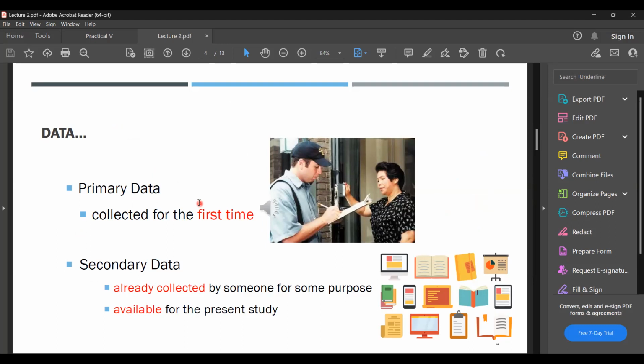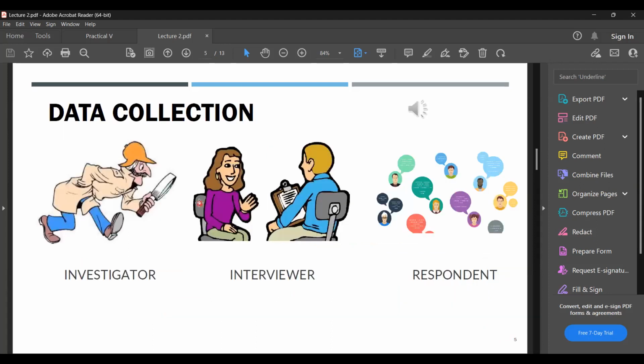That means you have to decide how to collect data, whether to design a questionnaire, conduct an interview, or observe the process and collect data. Those things have to be decided according to the nature of your study.